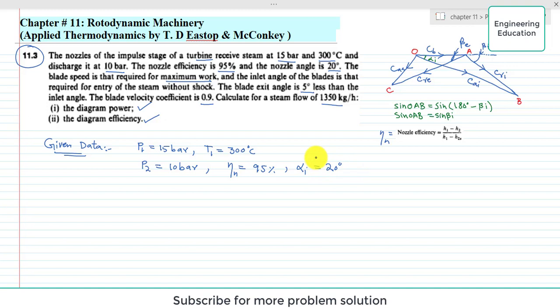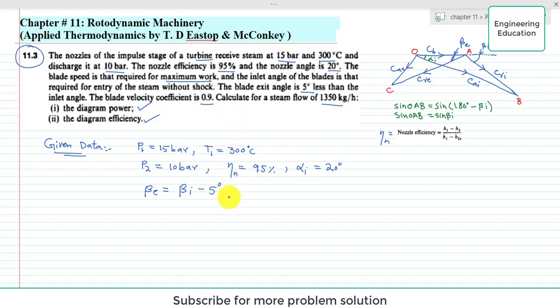The blade speed is that required for entry of the steam without shock. Blade exit angle is 5 degrees less than the inlet angle, so beta E is equal to beta I minus 5 degrees.